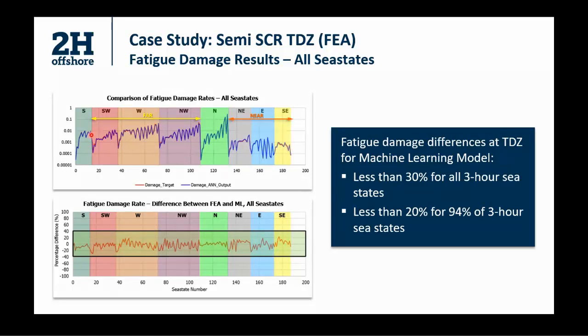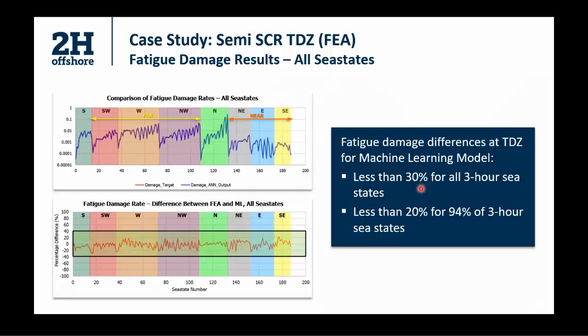From this, you can see that the machine learning model does a good job of tracking all these low and high sea states for far, near, and across. On this bottom chart, we see the percentage difference in fatigue damage prediction between machine learning and FEA.